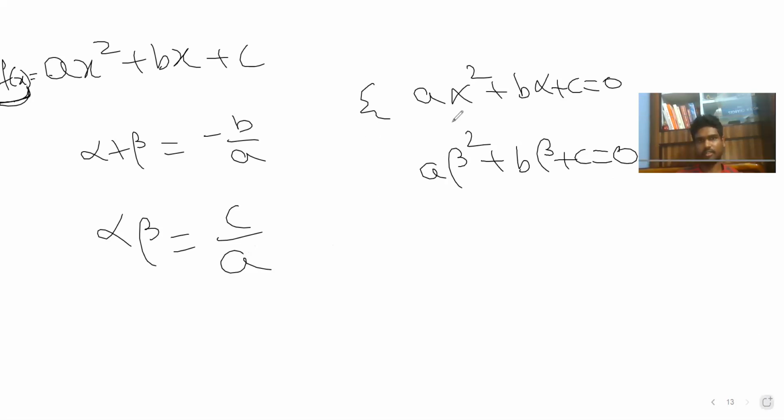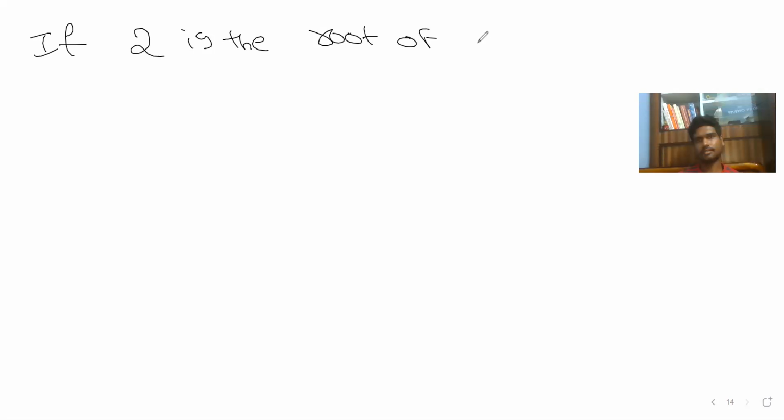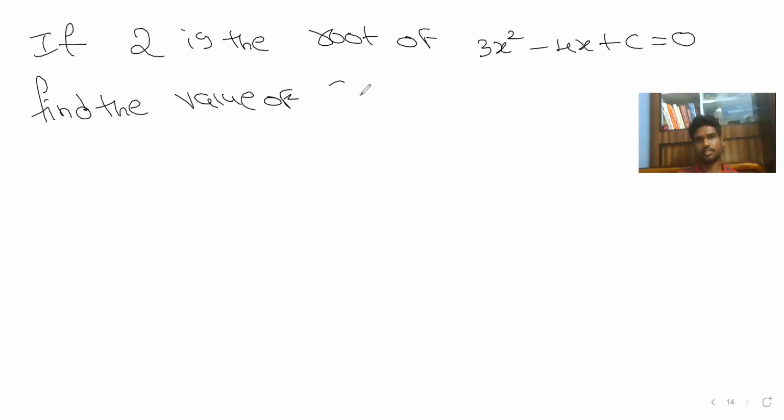Now we'll solve this question. If 2 is a root of 3x square minus 4x plus c equal to 0, find the value of c.